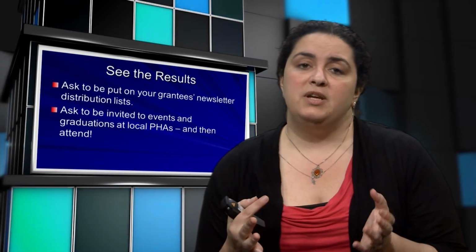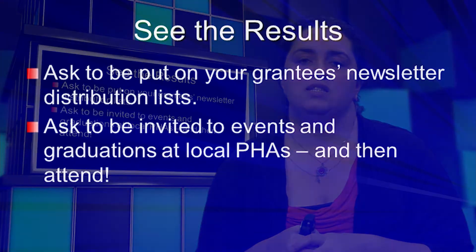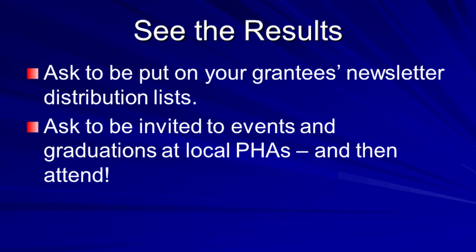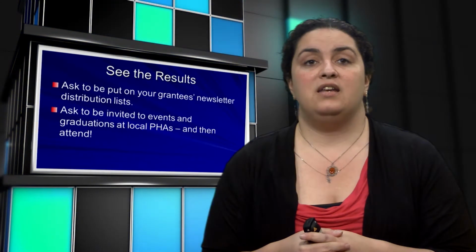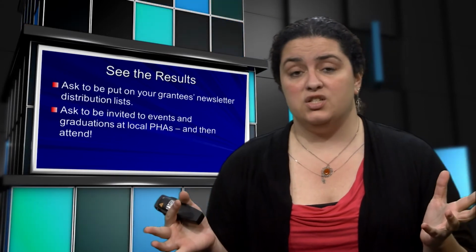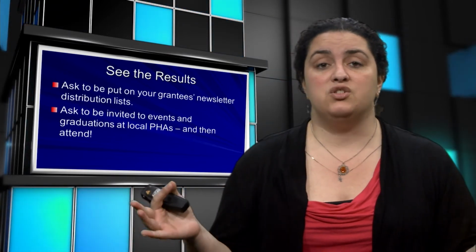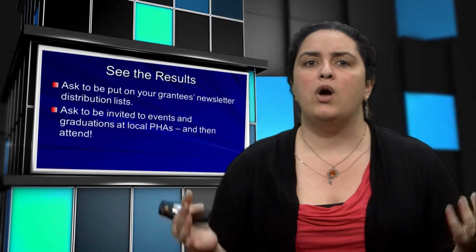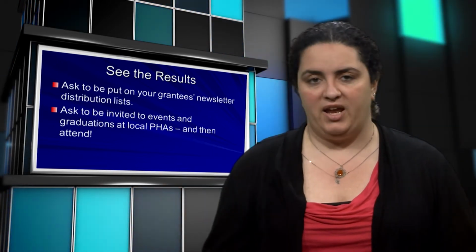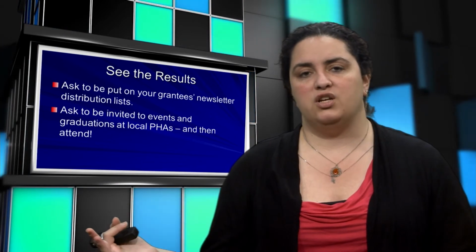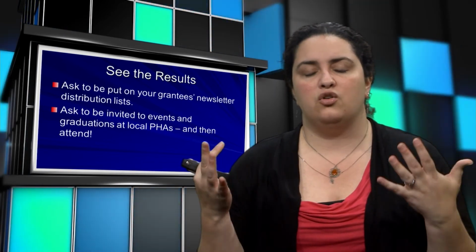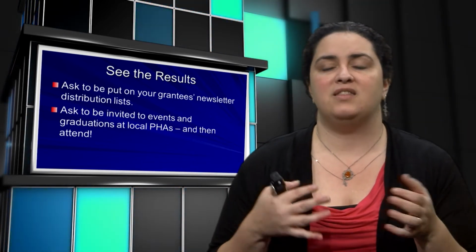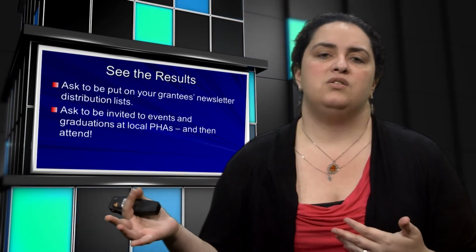Some other ideas are to ask to be put on your grantees' newsletter distribution lists. A lot of housing authorities put out a monthly or a quarterly newsletter, and there's a couple from different places across the country who have put me on their distribution list, and so I get them, and it's really wonderful to see what's happening in different housing authorities all over the country, and it's just great to see what creative ideas are happening, and then to pass those on to other folks.